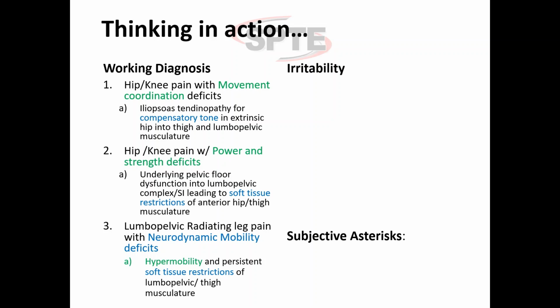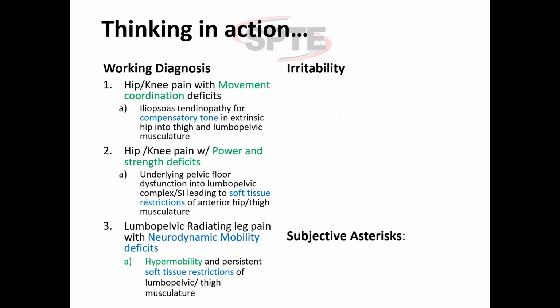It's not uncommon for hypermobility and persistent soft tissue restrictions to lead to further sensitivity of the neurodynamics in the lower extremity, especially in this case, that femoral nerve. So these would be three things that, as you can see, are related, but do have different origins of their ongoing symptoms.